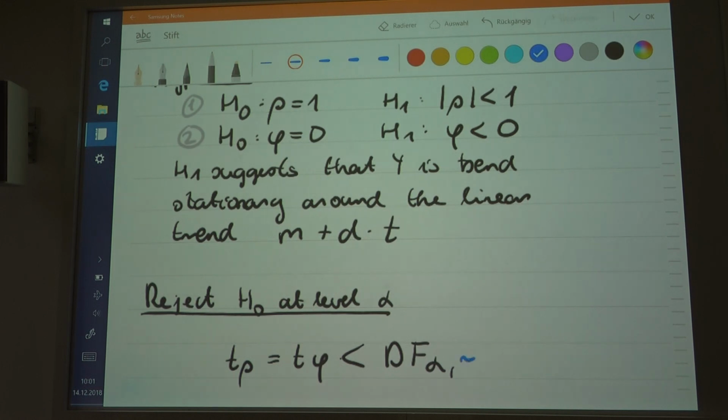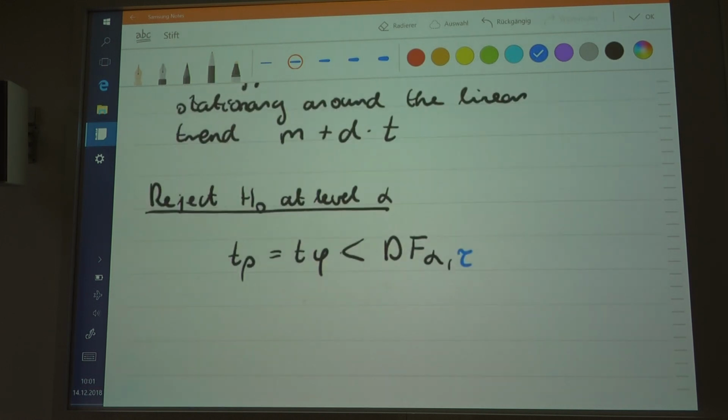So the Dickey-Fuller distribution for a linear trend in the time series, where you basically have a linear trend in the data. That will result in a different distribution as well.